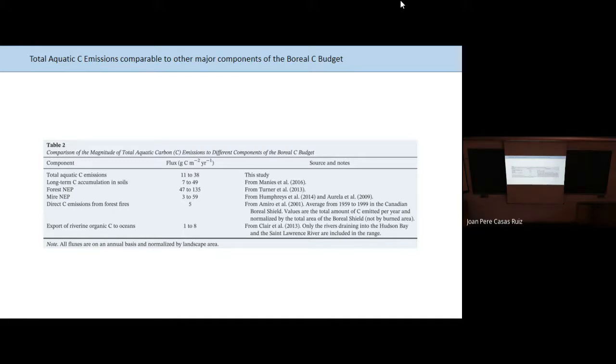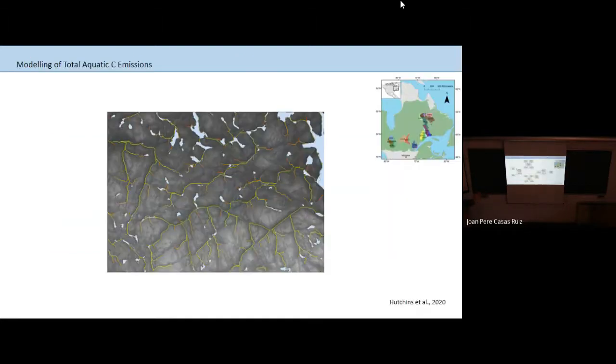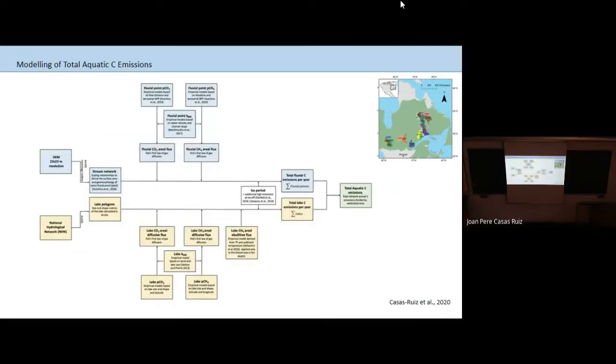What I would say is we cannot predict emissions in Europe based on the slope using that relationship. But this can be applied everywhere. So we can get our total aquatic emissions for, let's say, Europe, and then explore the potential drivers in Europe. This is important: we're not trying to say that this can be applied everywhere.